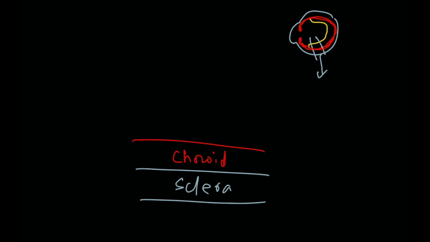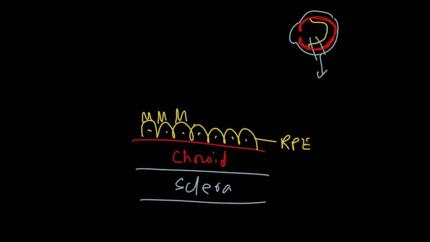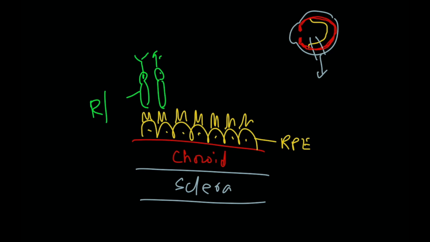So the retina here starts with RPE, the retinal pigmentary epithelium. This RPE has finger-like projections or villi which hold the rods and cones, the photoreceptors. Okay.